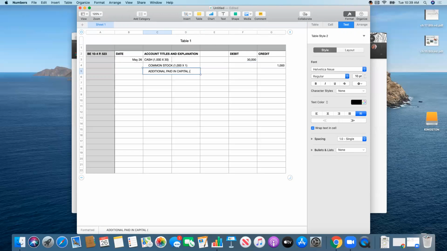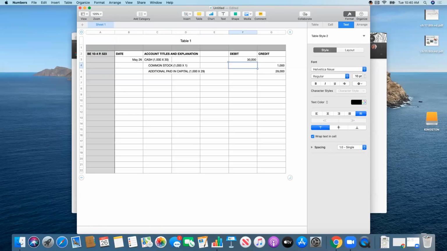Now, in the book, they said, well, okay, I got a debit of 30, I got a credit of 1. That means I need a credit of 29. Yeah, that's fine. You can do that. But you can actually calculate that number, can't you? In other words, it's 1,000 shares times what? 29, isn't it?